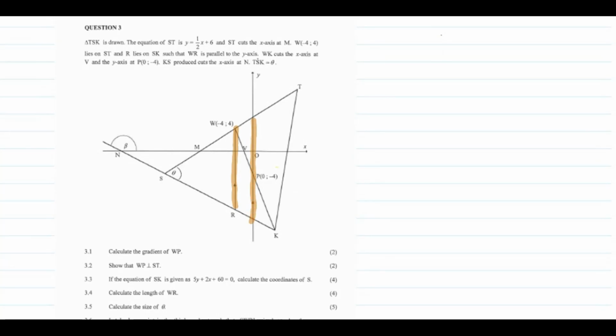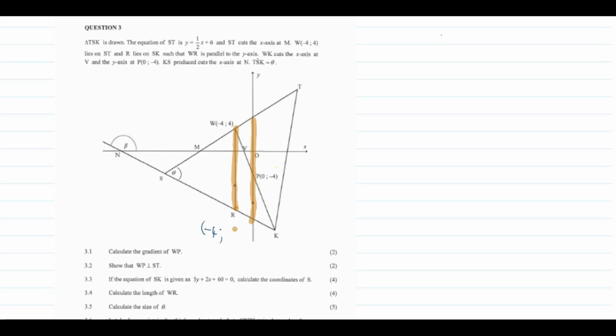This line goes all the way to your point R, meaning that the x coordinate of our R is equal to negative 4. Okay, so the x coordinate of R is negative 4, and we just need to get the y coordinate. Once we have found the y coordinate, we can simply use the distance formula and substitute both these coordinates to get the length of WR.